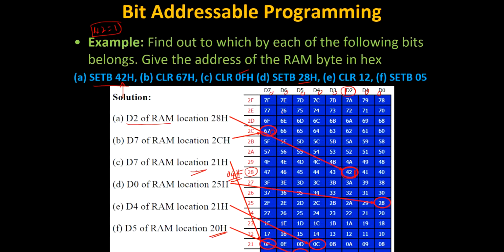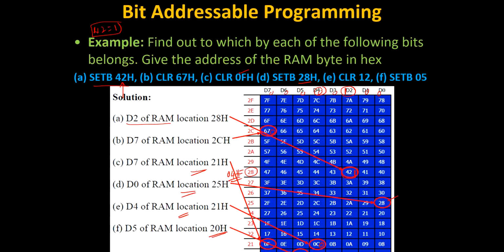And set bit 28 of your RAM area, which I can set. And clear bit 12, so D4 of RAM location 21, this D4 bit has to be made 0.